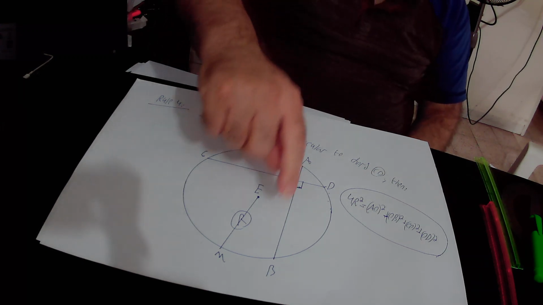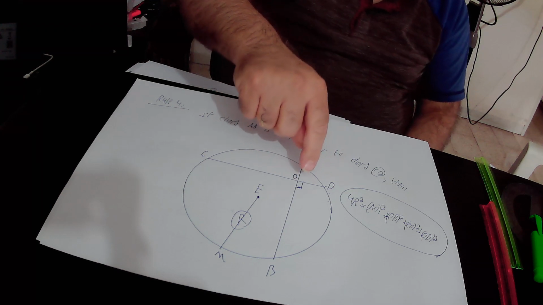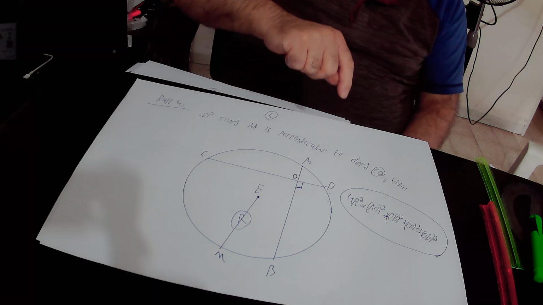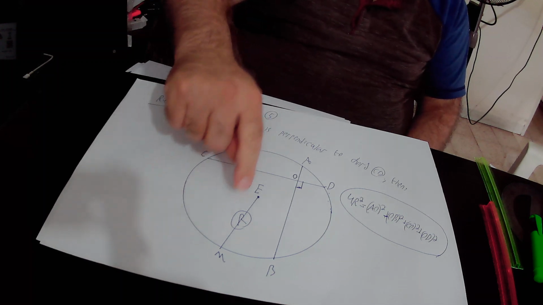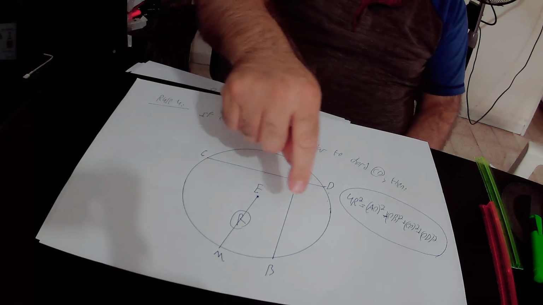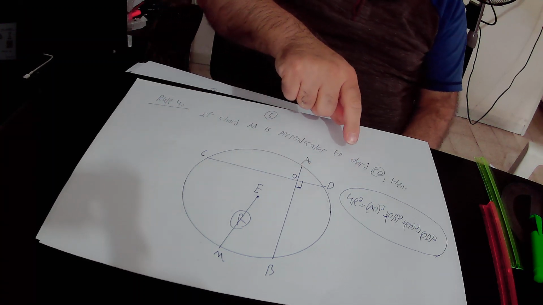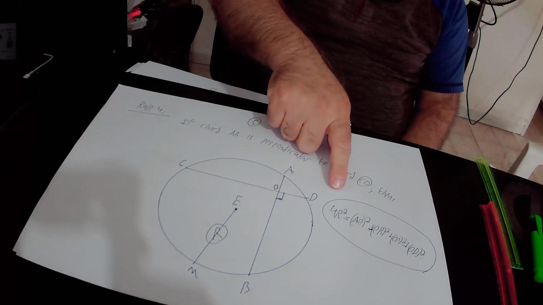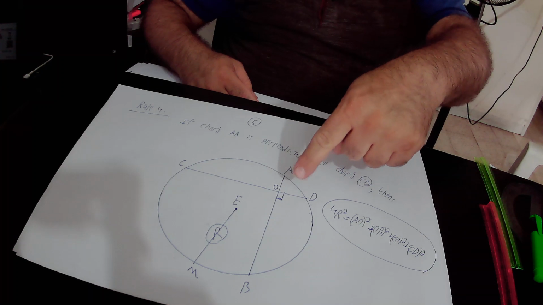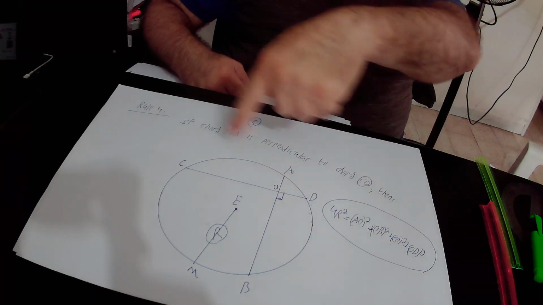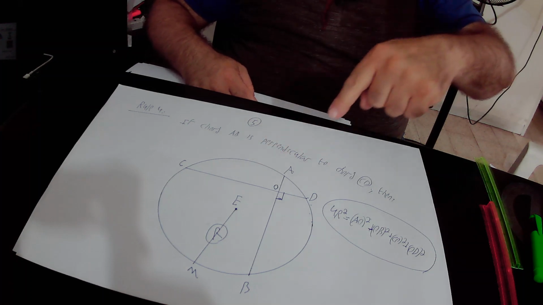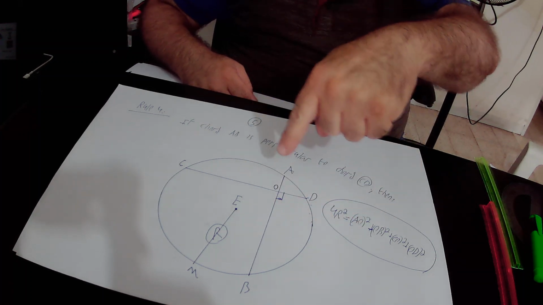Here we have chord AB that intersects chord CD at 90 degrees, that is to say they are perpendicular to each other at the intersection point O. If the radius of this circle EM equals capital R, then we can find the radius by this formula: 4R squared equals AO squared plus OB squared plus CO squared plus OD squared.